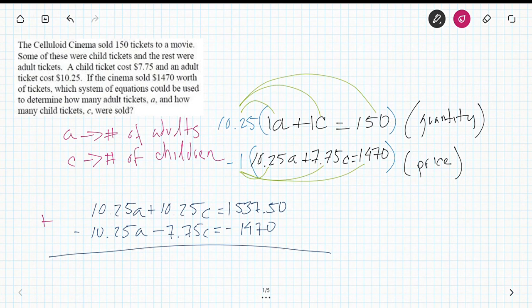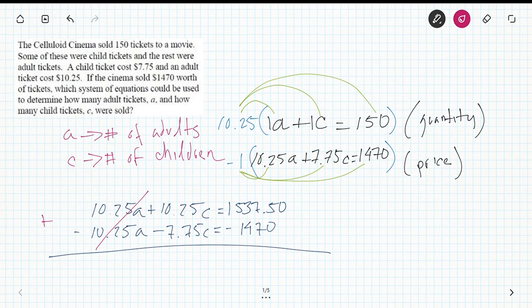So the next thing is, well, 10.25a plus -10.25a is going to go to 0, so you just eliminate that. And then we're going to do 10.25 plus -7.75.